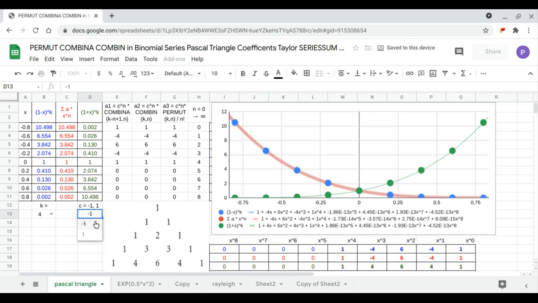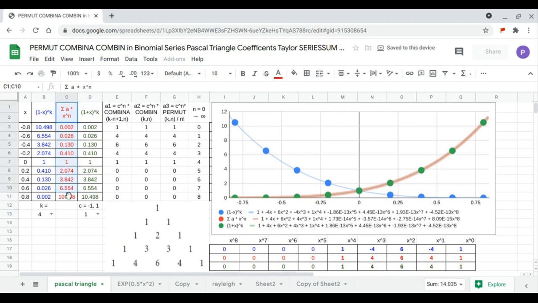At c equals 1, the red, the expansion approximates the 1 plus x to the power k. And their coefficients are the same. So we have 1, 4, 6, 4, 1. So for x to the 0, that's 1.